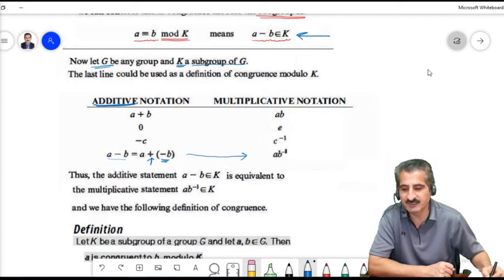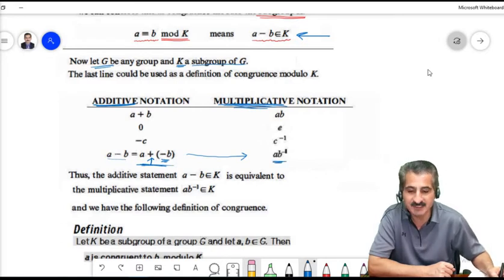So in here it is addition. The analog in multiplication is a multiplied by the inverse of b. In addition we have a added to the inverse of b, but working with multiplication, we say a multiplied by the inverse of b.